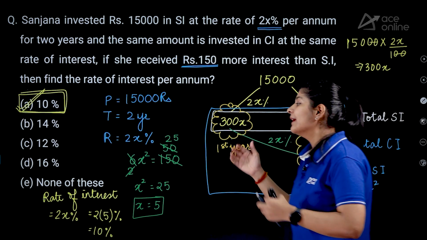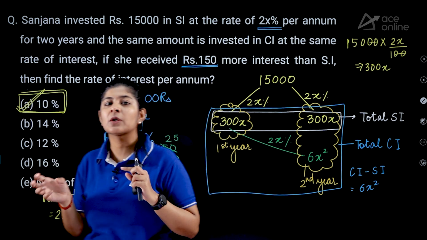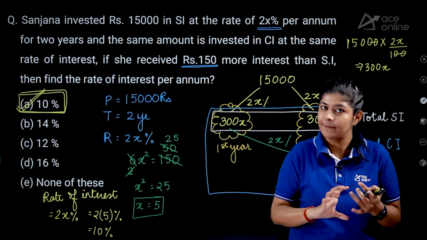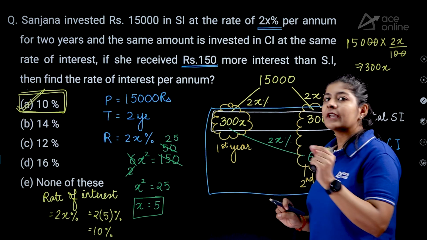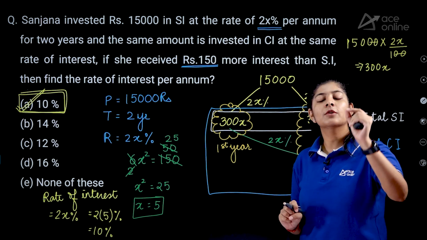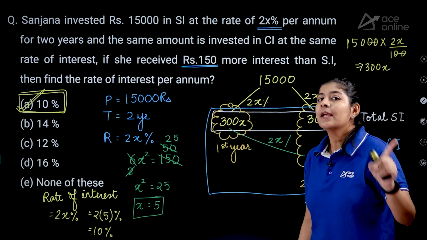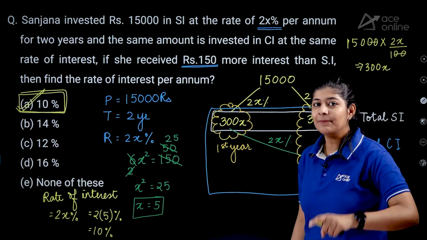So that's why here we will see the difference between the interest that we are getting for this specific time with the specific rate. Is that clear? And for the very first year, the value of both CI and SI will always remain the same for the same amount with the same rate.